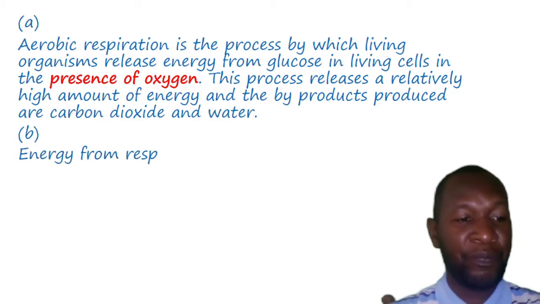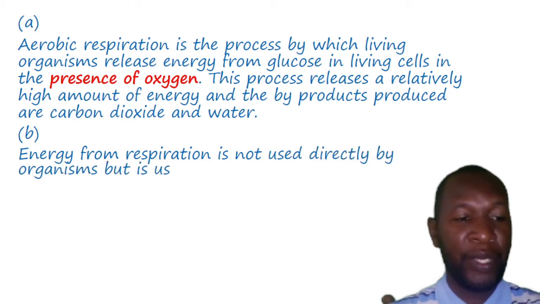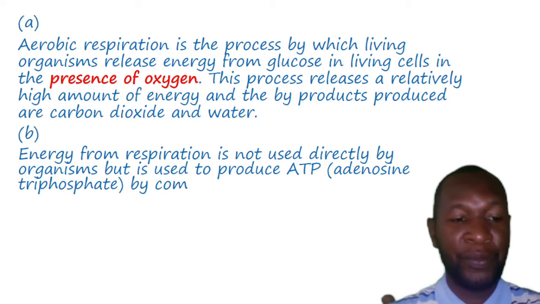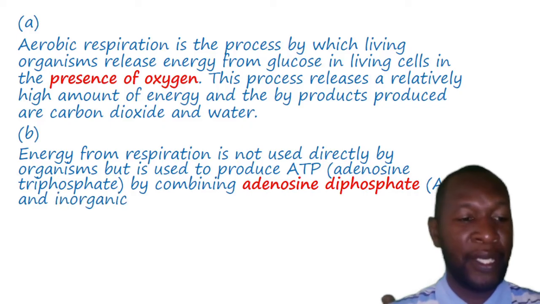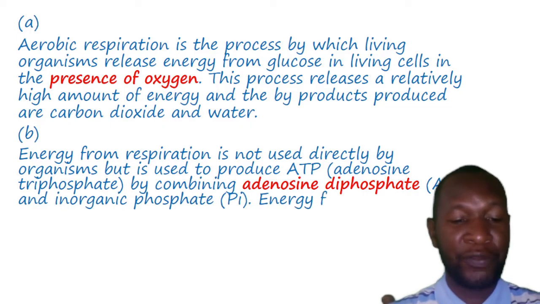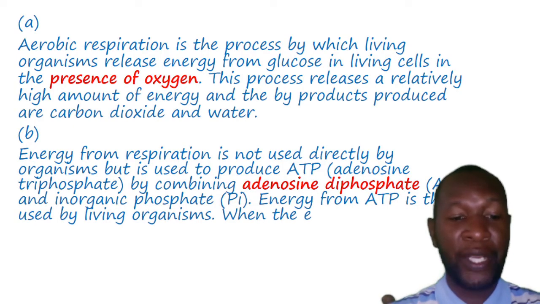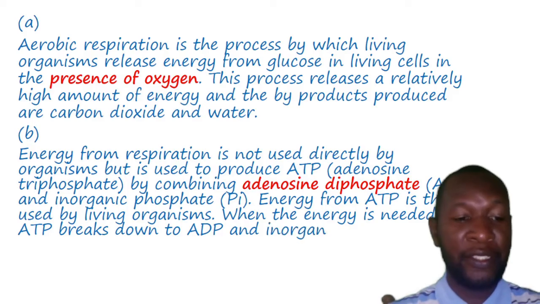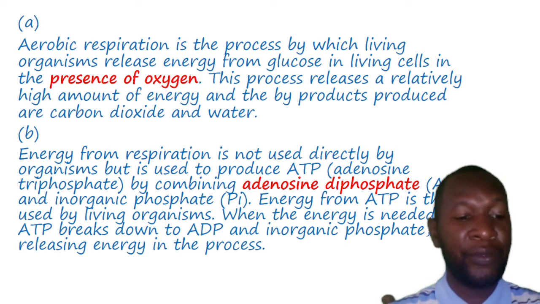Part B, energy from respiration is not used directly by organisms, but is used to produce ATP by combining adenosine diphosphate and inorganic phosphate. Energy from ATP is then used by living organisms. When the energy is needed, ATP breaks down to ADP and inorganic phosphate, releasing energy in the process.